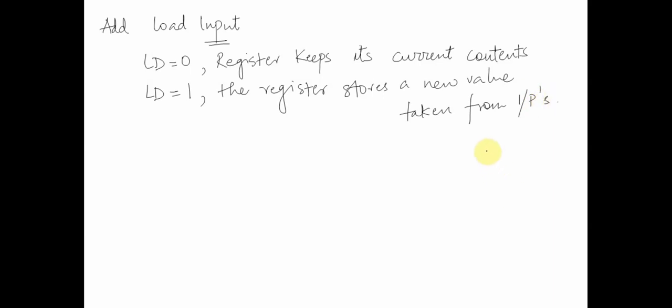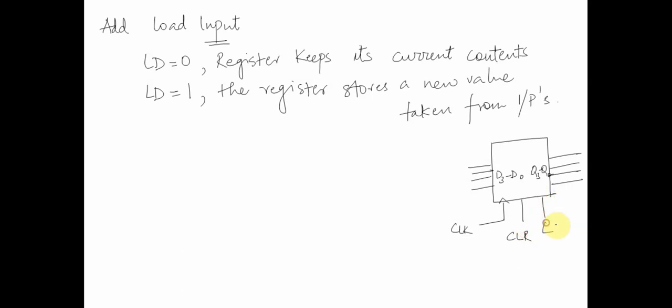So this circuit would look something like this, where we have a set of inputs D3 to D0 and a set of outputs Q3 to Q0. We have multiple signals: one is the clock signal, the edge trigger, one is the clear signal as we saw previously, and one is the load signal, which is a new addition.